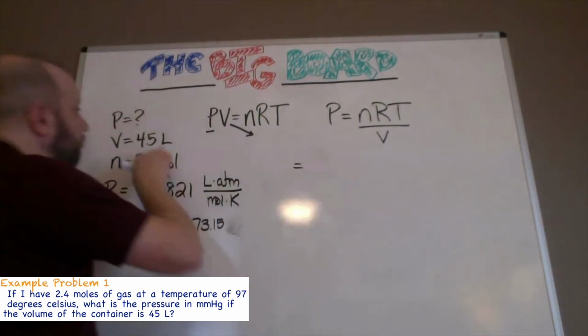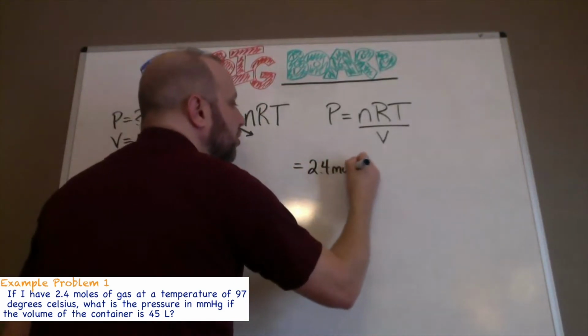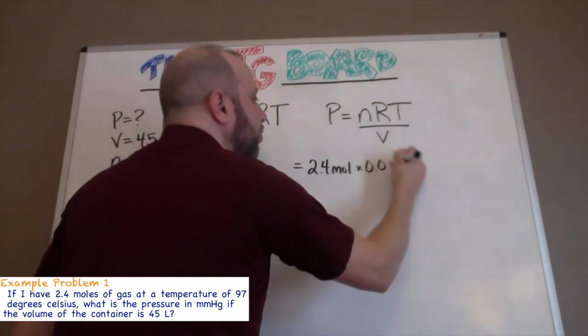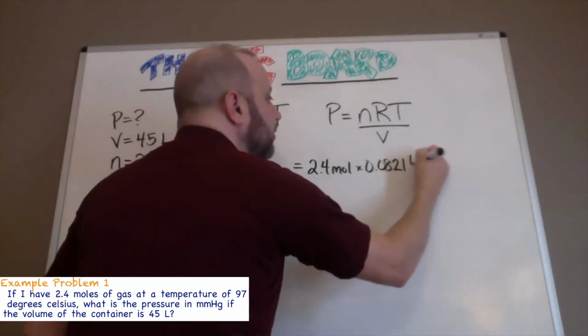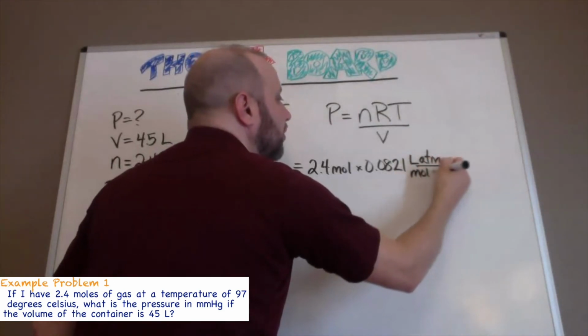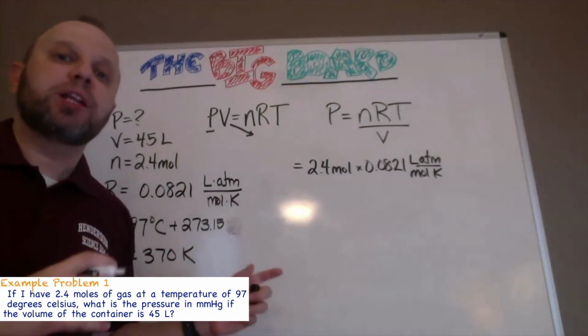Now we're going to plug in our numbers. So for moles, we have 2.4. For R, we have 0.0821 liter atm over mole Kelvin. Remember, anytime you're working with R, you're going to plug in that number.